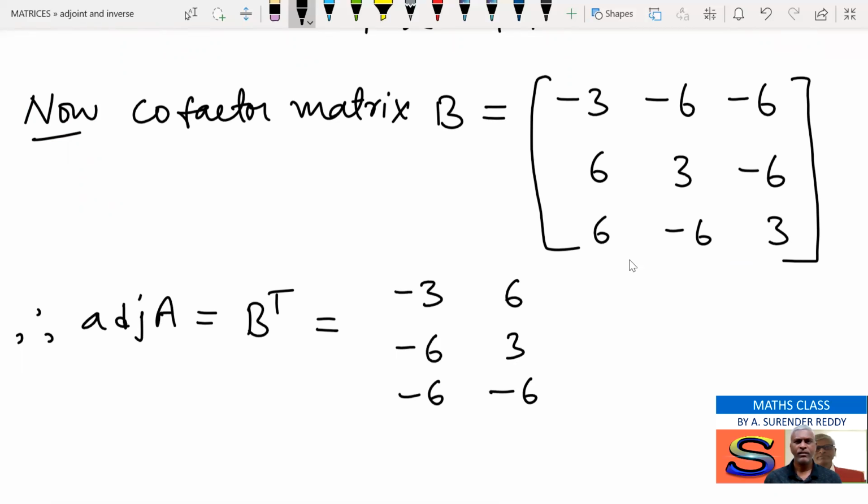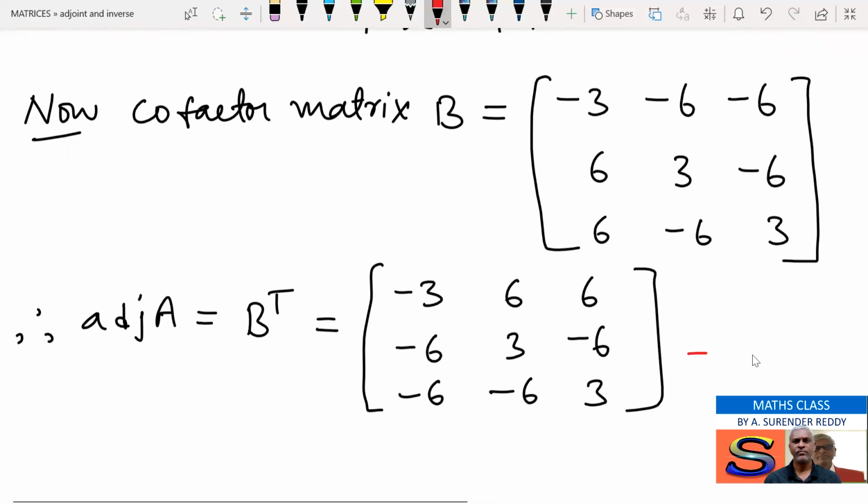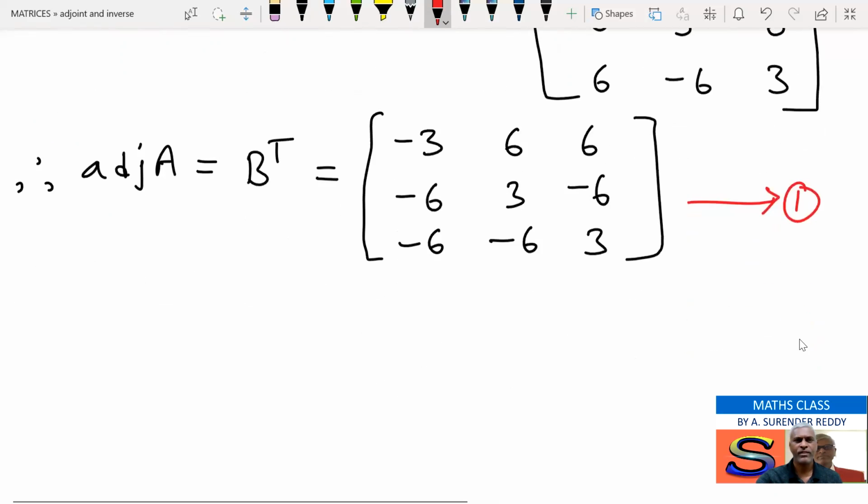So third row becomes third column. So this is the adjoint matrix. Let us name it as 1, adjoint A.